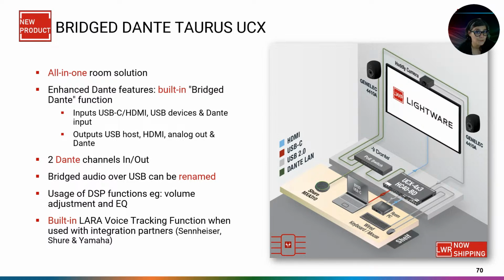You're also going to be able to rename those audio channels, which I know is a really big deal because a lot of times there's a lot of them and they're all very generic and it's hard to tell what is what. And again, I've talked about this a little bit, but with our bridge Dante, you can use our LARA tracking function, and we have some different integration partners with Sennheiser and Shure and Yamaha, and you can do some really cool things with some PTZ cams if you're into that kind of thing.